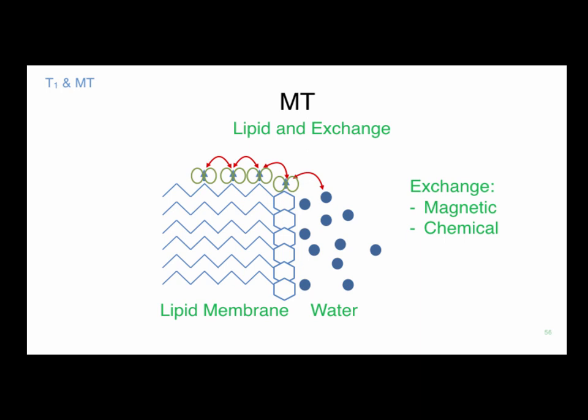Now, because of this dipolar coupling, the magnetization is interacting between all these lipid protons very quickly. That means that the magnetization from this molecule can effectively exchange with its neighbors, and through either chemical or magnetic interactions can actually exchange with the water.